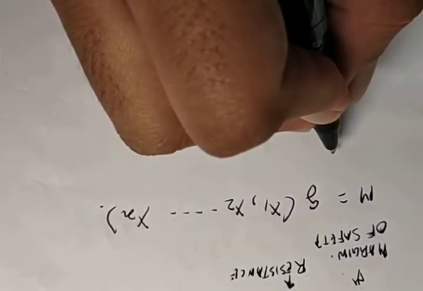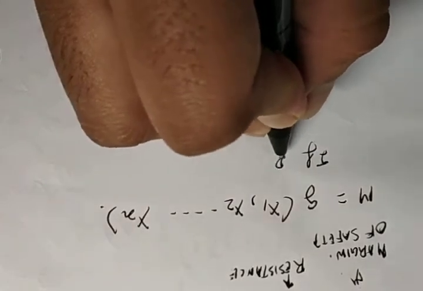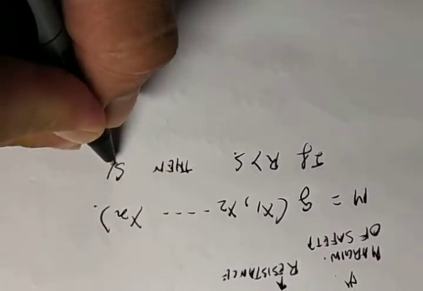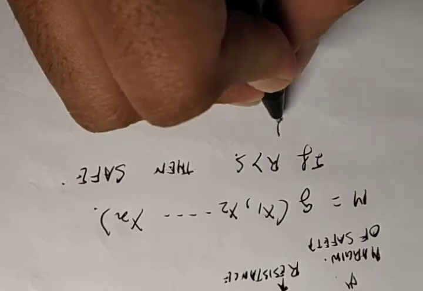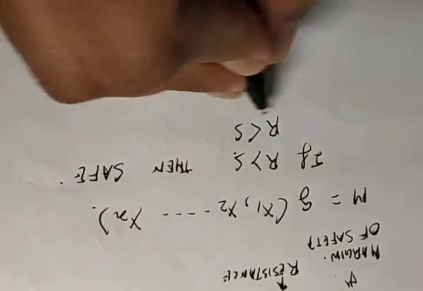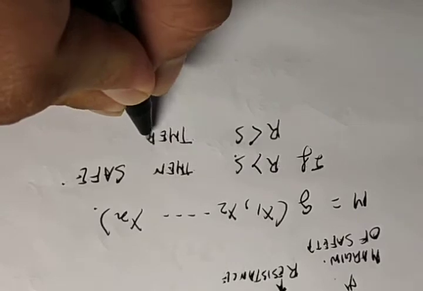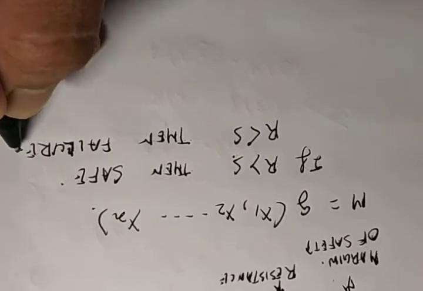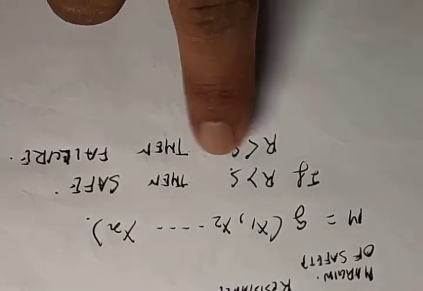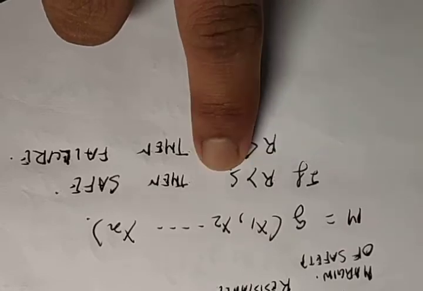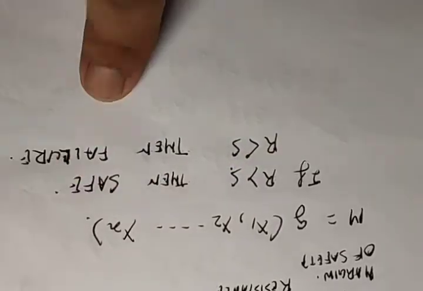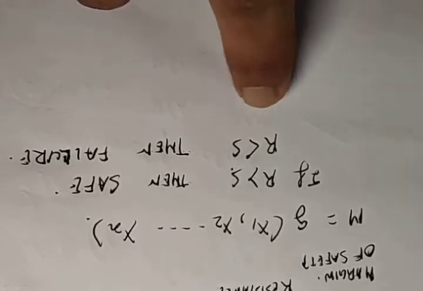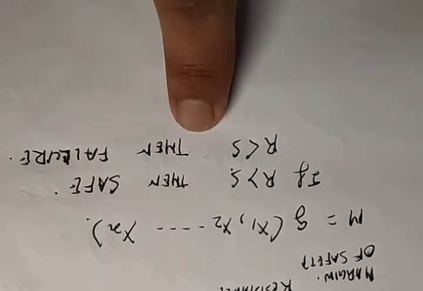So how do we do that? If R is greater than S, the resistance is greater than my action, definitely I'm going to have safety. And if S is greater than R, if my action is greater than the resistance that my element can offer, then failure is going to occur for sure.